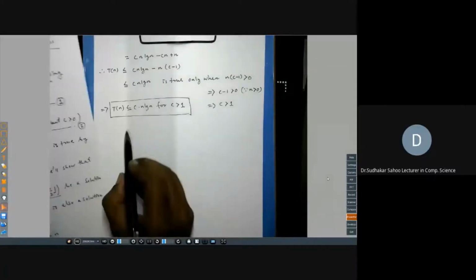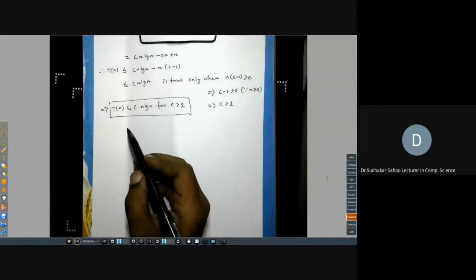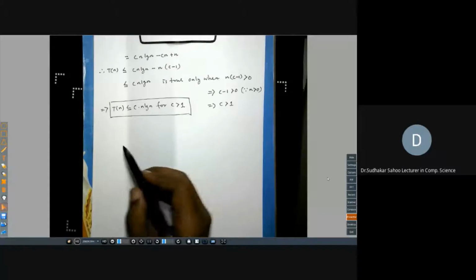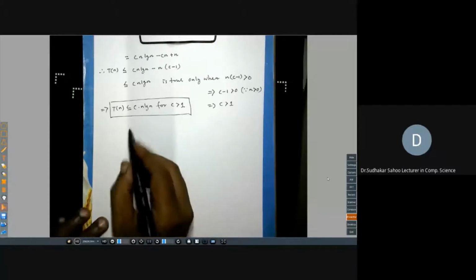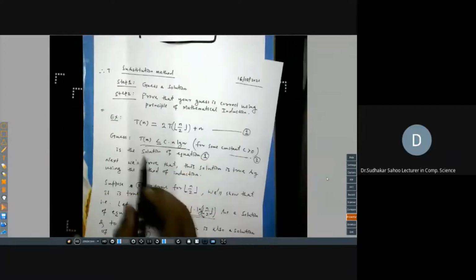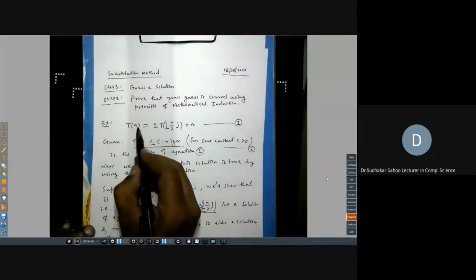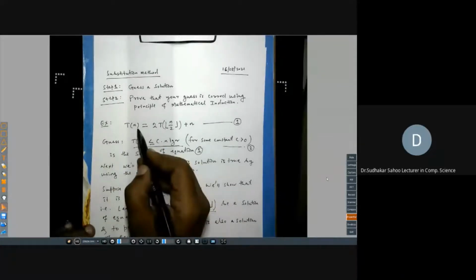Now the question is we have to prove the base case. That is also needed, because initially it must be valid, then only we will use recursion. So what will be the base case? The base case is not given in the question, so we have to find out the base case. So let us check whether it is valid for 1 or 2 or 3.